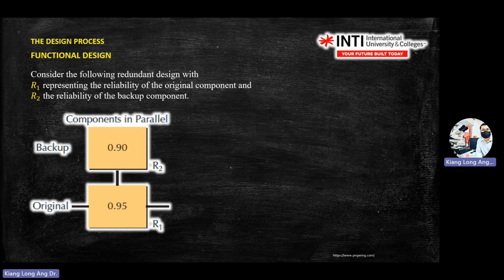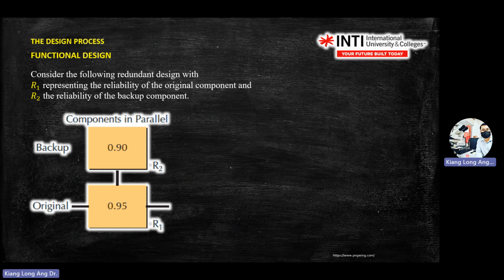Maybe the backup is not as good as the original one, but you put it as a backup. That's why the new cars nowadays don't have spare tires anymore, but the older version cars have a spare tire. That spare tire is also one of the redundant parts, to increase the reliability of the car.